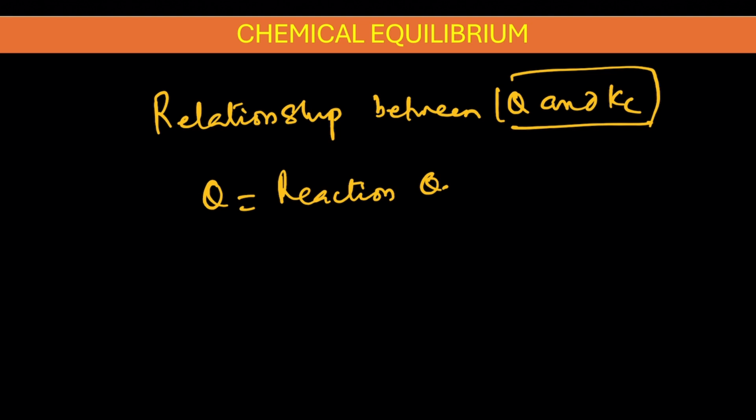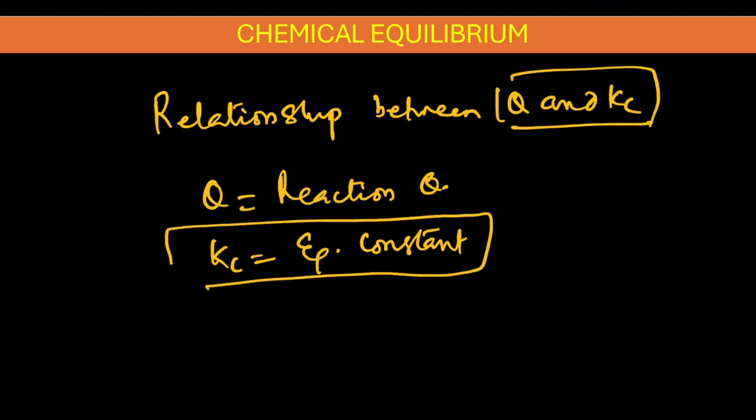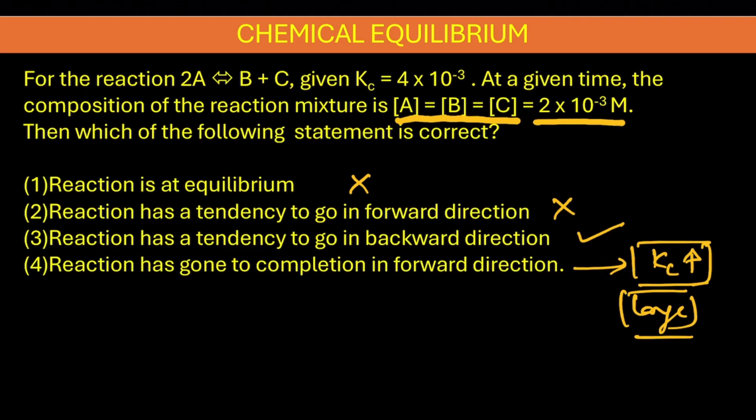You can use the concentrations of the composition mixture at any given instant of time. Kc refers to the equilibrium constant. That implies the concentrations of the composition are always measured only at equilibrium. If the reaction is not at equilibrium, then it cannot be called Kc. So I hope you understood this relationship between Q and Kc, and the answer for this is option 3.